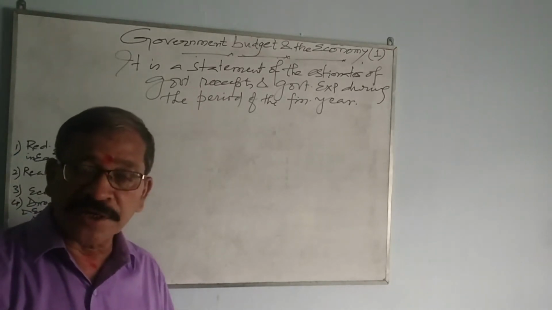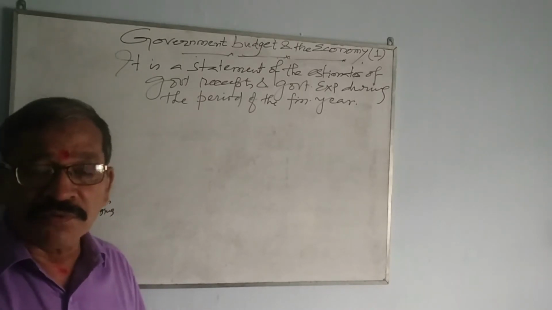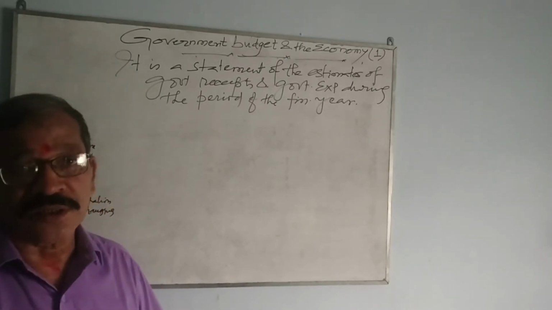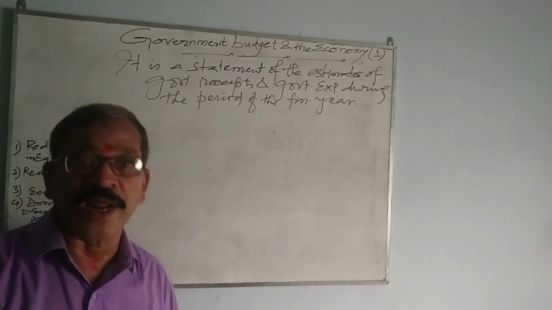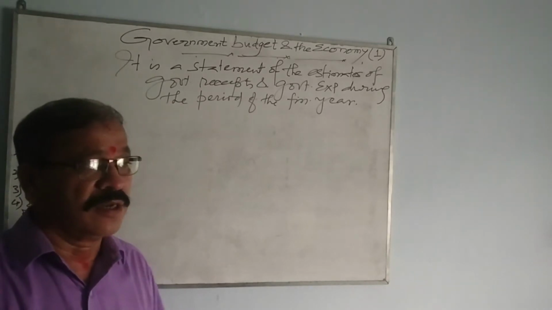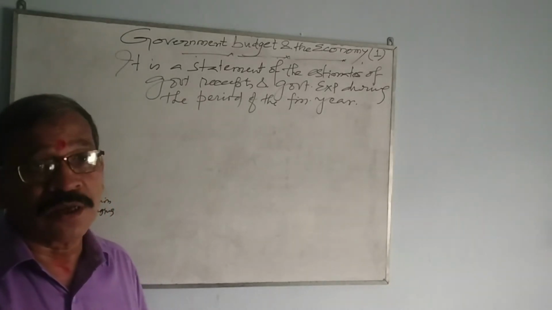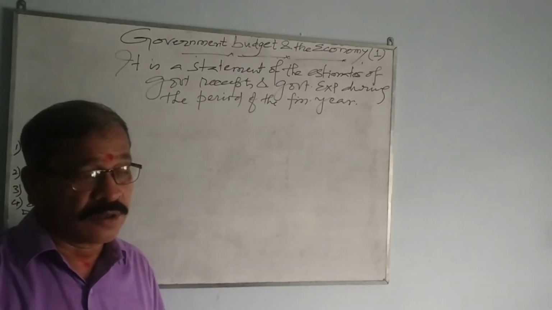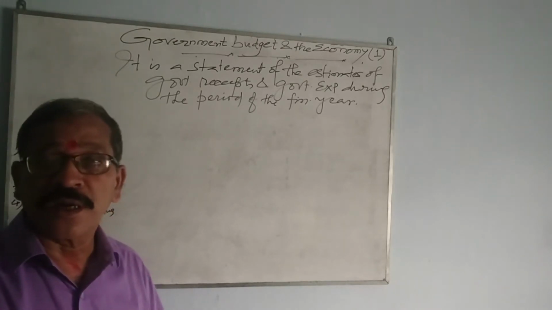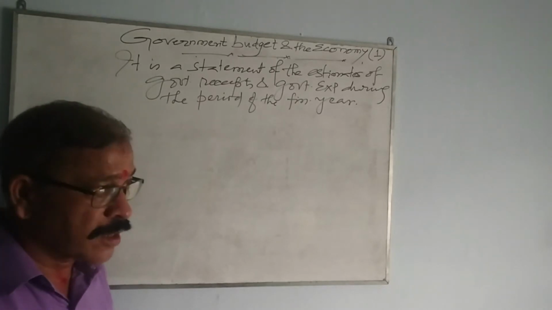It is a document of estimates of government's receipts and government's expenditure for the whole financial year. So what they are anticipating, the revenue, and what they are anticipating, the forthcoming expenditure. To combine all this, a document is made, and that document is known as government budget.